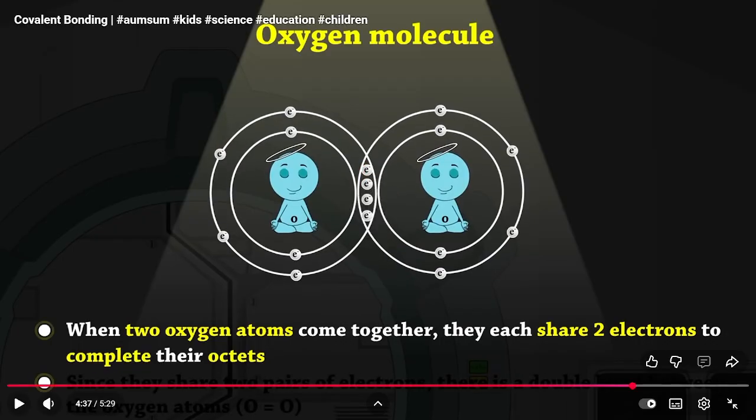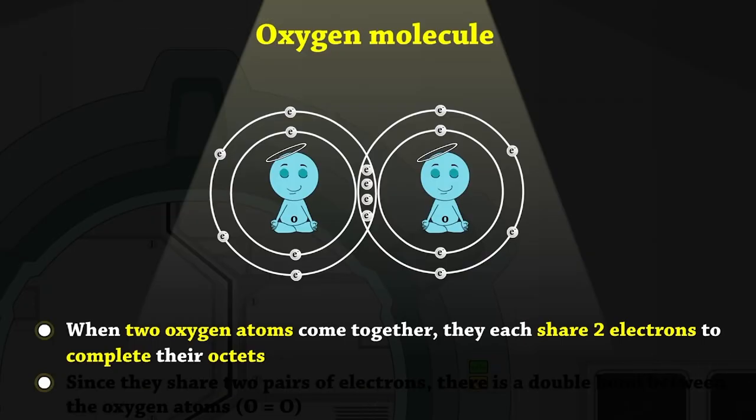Okay, so here we have an oxygen molecule. Up at the top where it says oxygen blank, you can fill in molecule. And then that first dot, when 2 oxygen atoms come together, how many pairs of electrons are they sharing? 2 pairs, that's 4 electrons in total. That's not a single covalent bond anymore. What do you think it is? It's a double covalent bond.